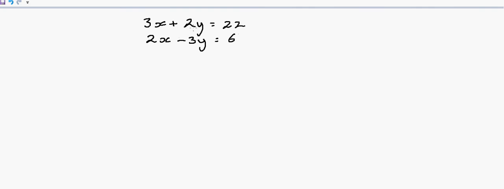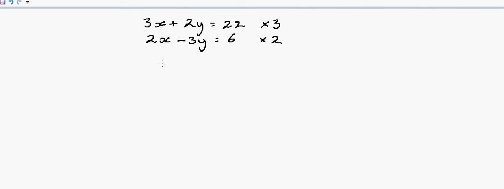To make this 2y 6y, I'm going to need to multiply the whole equation through by 3. And this one, to make 3y 6y, I need to multiply that by 2. This is all totally legal, it's all totally okay. As long as you multiply it all the way through, everything is fine.